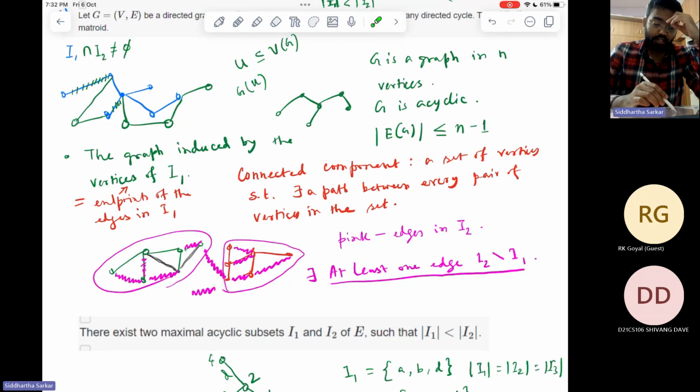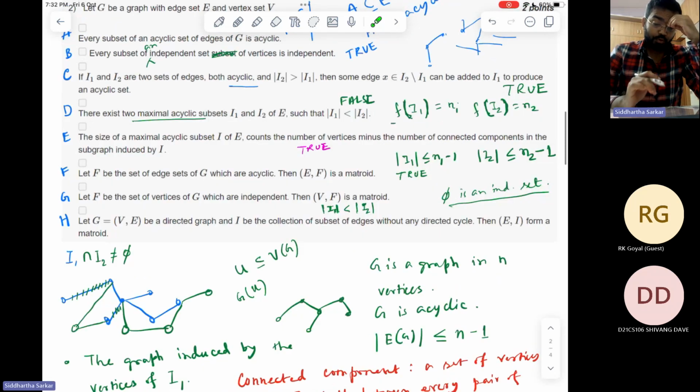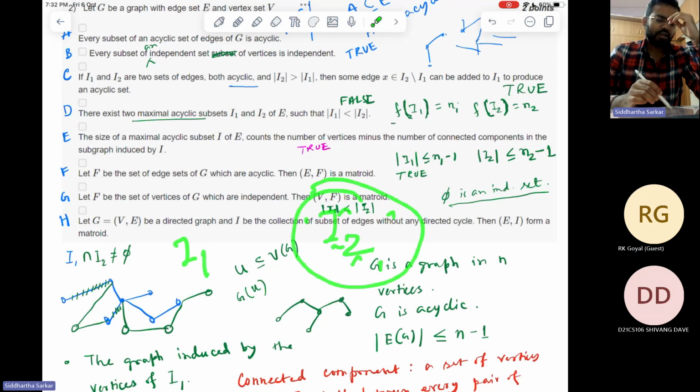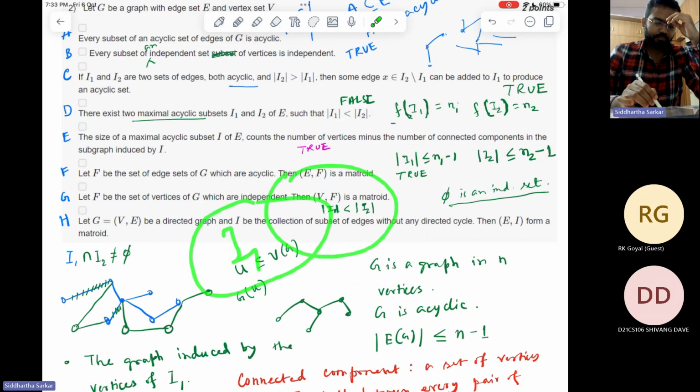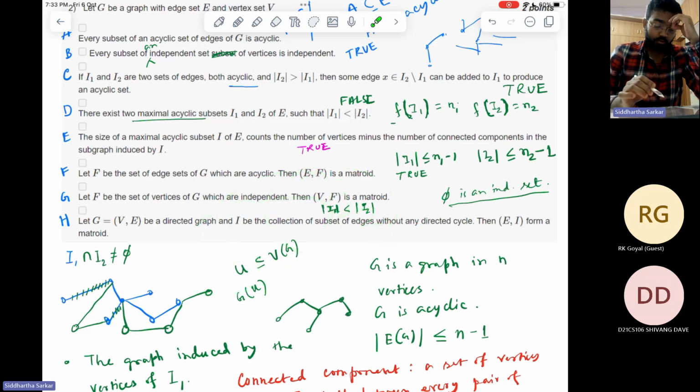So we have to identify one vertex inside I2 that is safe for I1. We have to do some kind of construction if we want to prove it. So we will consider some I1 and some I2, which may be intersecting, that is also possible. You have to identify one vertex in I2 that is safe for inclusion into I1 without losing independence.